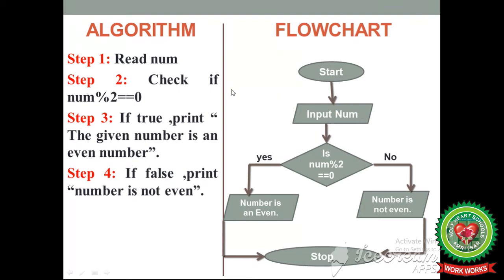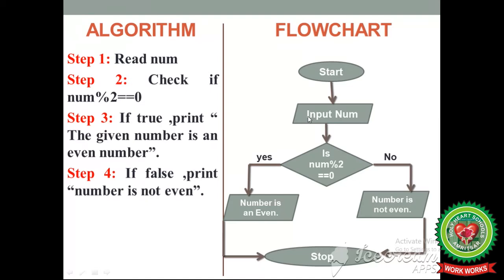Move to the algorithm. Read step 1. Read num. Here we have an input, a number. For that, in the flow chart we will take the input output box.